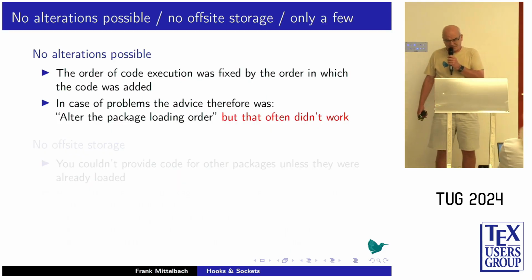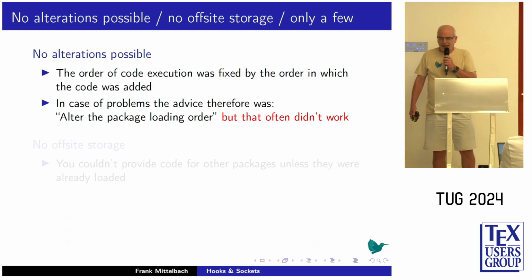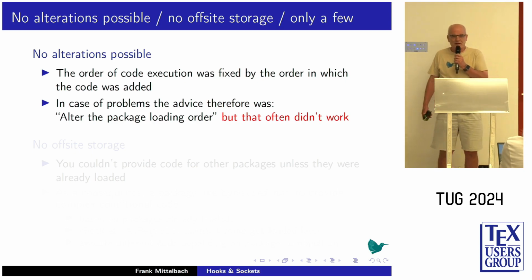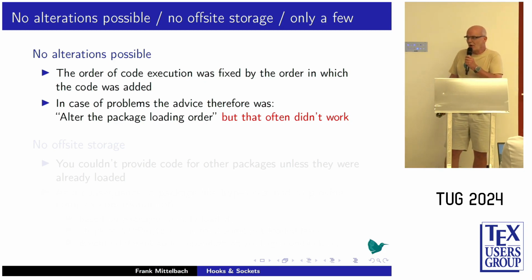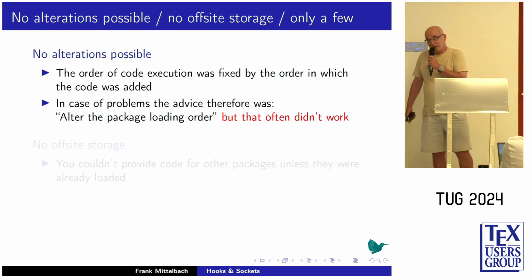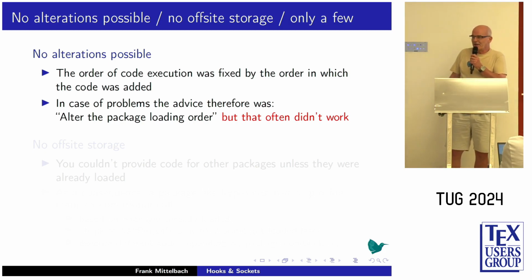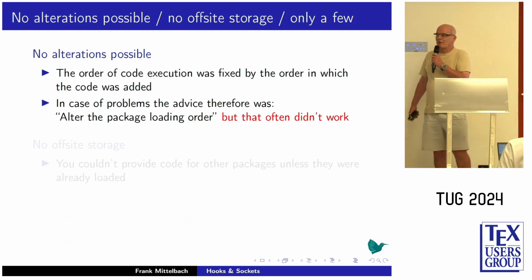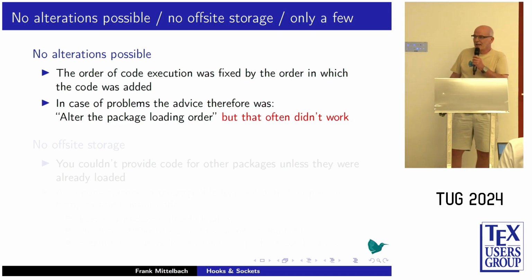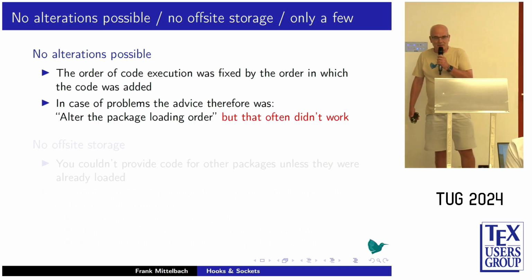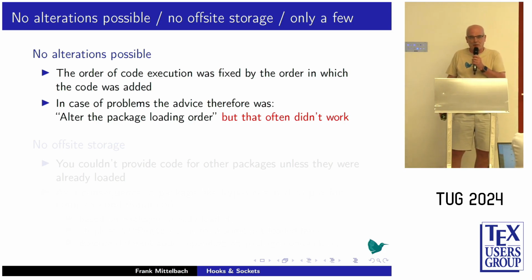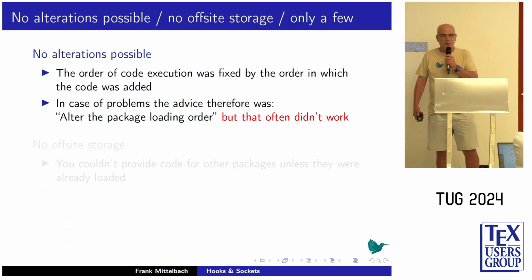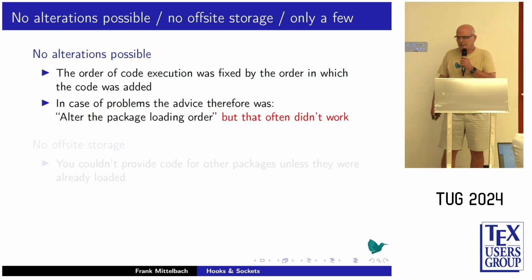We have no order, or rather we have the order in which the stuff was added to the hook, and as a result, whenever two packages were adding something to the begin document hook, they came in the order the package was loaded. And then if something didn't work, the suggestion was, oh well, change the order of your packages, which sometimes works, sometimes doesn't, because it gets into a problem if you have many such packages that need to be in a very special order to work at all.